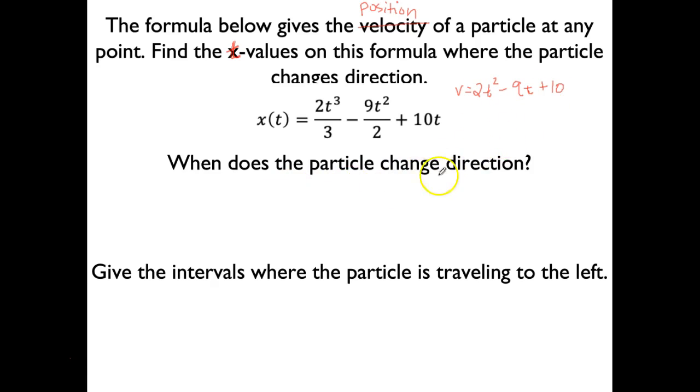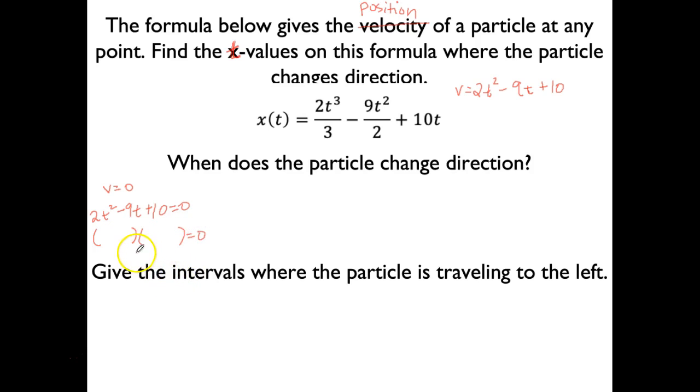It said, when does the particle change direction? Okay, so first thing I need to do is find out when the velocity is equal to 0. So let's set 2t squared minus 9t plus 10 equal to 0. Okay, that's going to have to be factored.